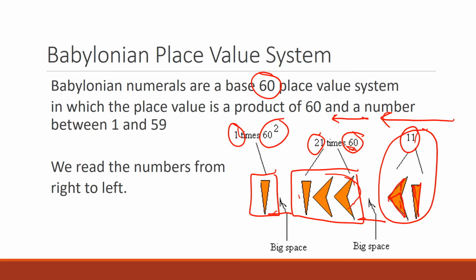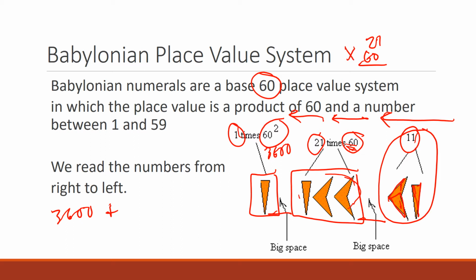And again, as you're reading from right to left, each symbol is a multiple of a power of 60. So the next space is 60 squared, which is 3,600. This symbol literally means 3,600 plus 21 times 60. What is 21 times 60?